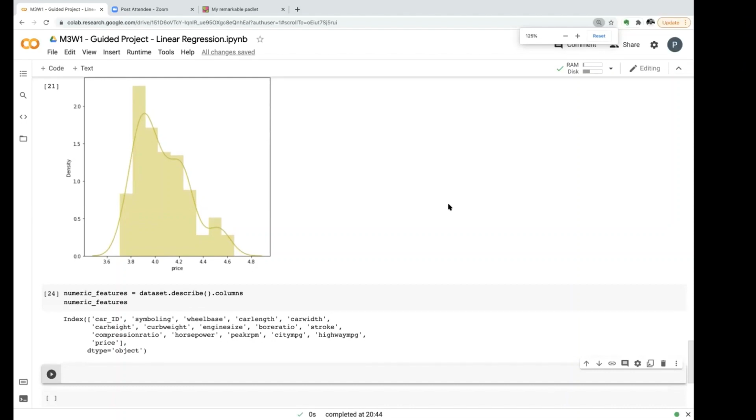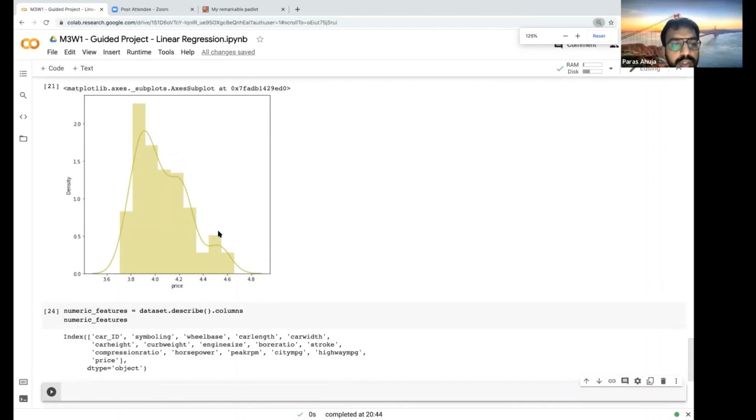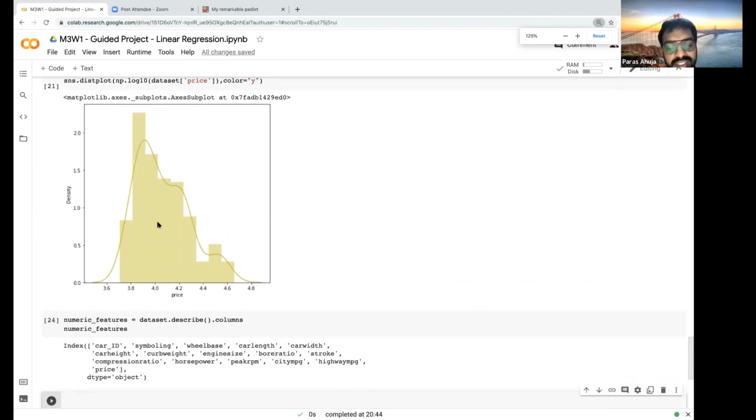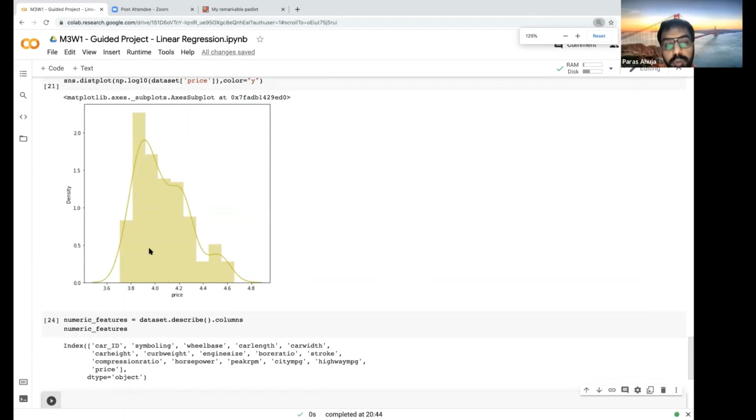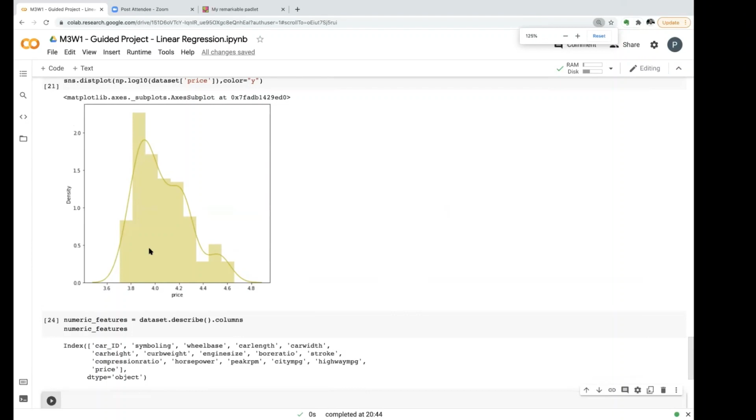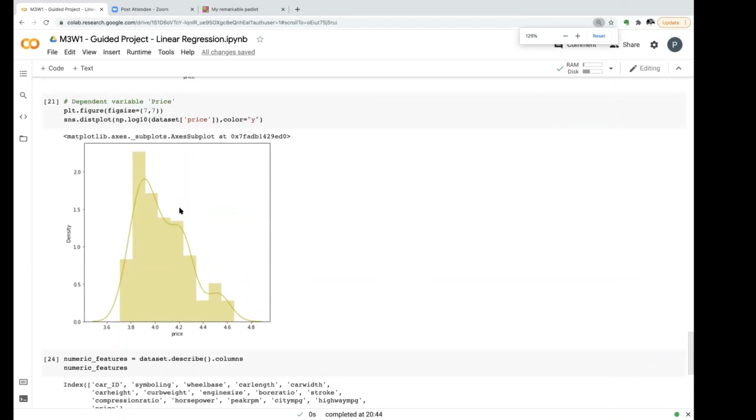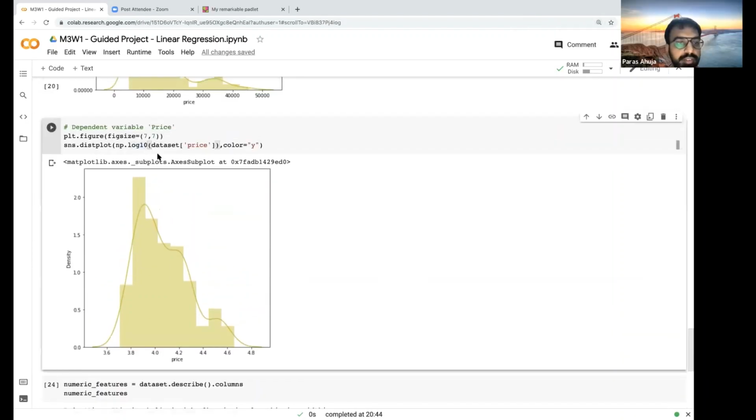I think it's not that much normal. The distribution is still right skewed. It's not that much normal, but it's close to normal. You cannot get the actual standard normal distribution, but it's close to a normal distribution. Could I try an inverse transformation here? Yeah, you can try that.